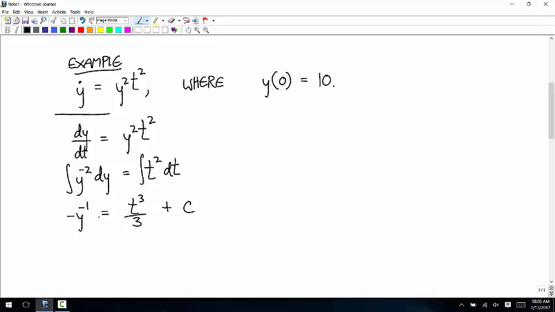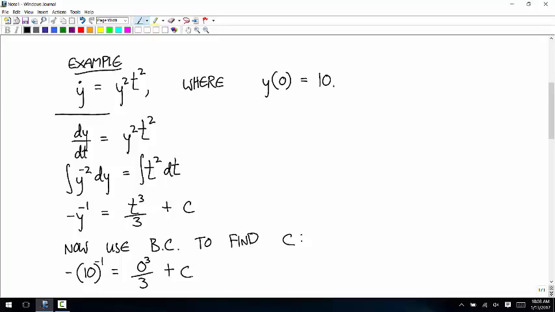And now we're going to use the boundary condition to find that constant of integration. When t is equal to 0, y is equal to 10. So what that says is negative 10 to the minus 1 is equal to 0 cubed over 3 plus c.